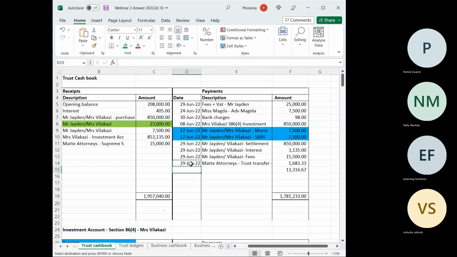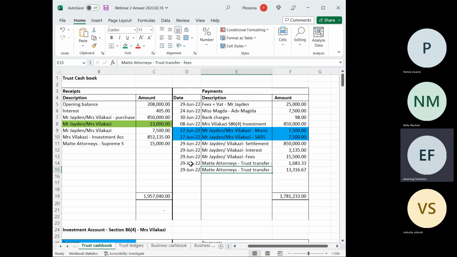Met Attorneys, and then we do our settlement. So if we add up, it will come to 15,000, which is the one that we collected. We took what was due to us, and then we paid what is due to them.